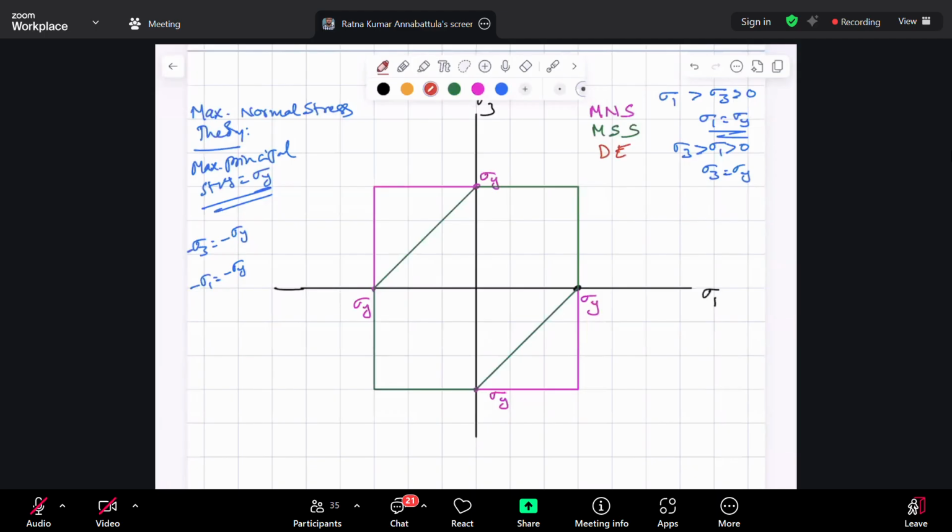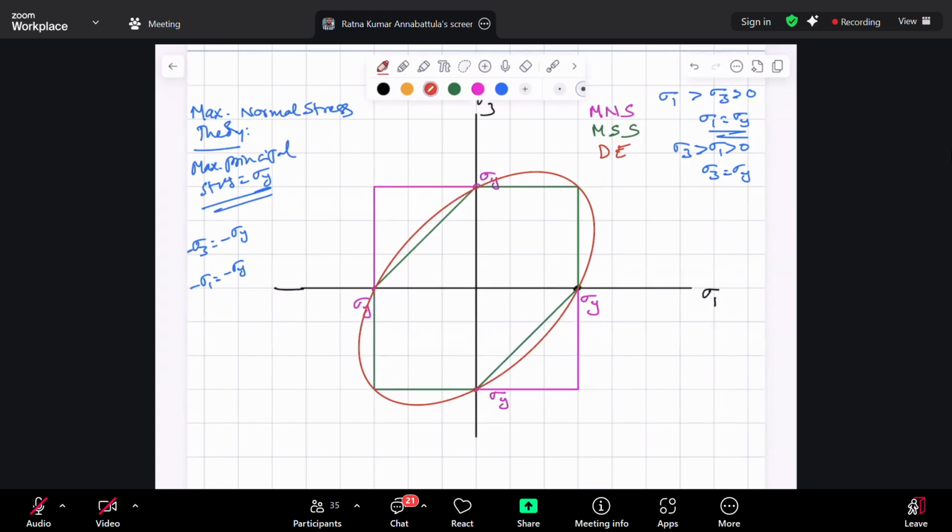How does distortion energy theory look? You have to draw an ellipse. That is your distortion energy theory. This is what we have seen earlier, isn't it? Oriented at an angle of 45 degrees.